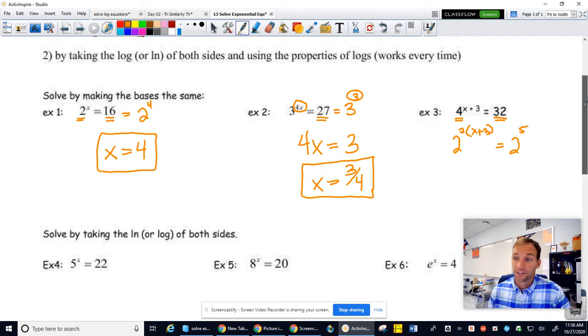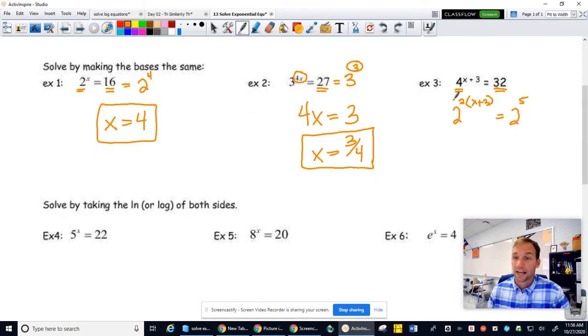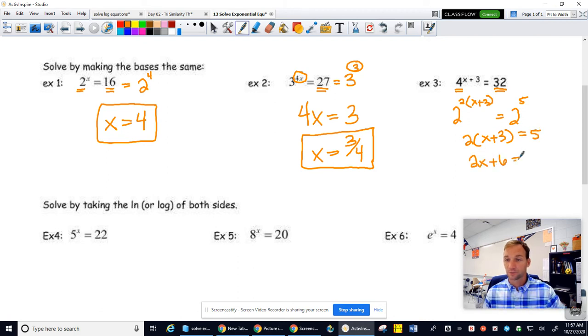The exponents must be equal, so 2 times x plus 3 needs to equal 5. This is a cute little equation that we can solve. 2x plus 6 equals 5. 2x equals negative 1. So x will be negative 1/2.